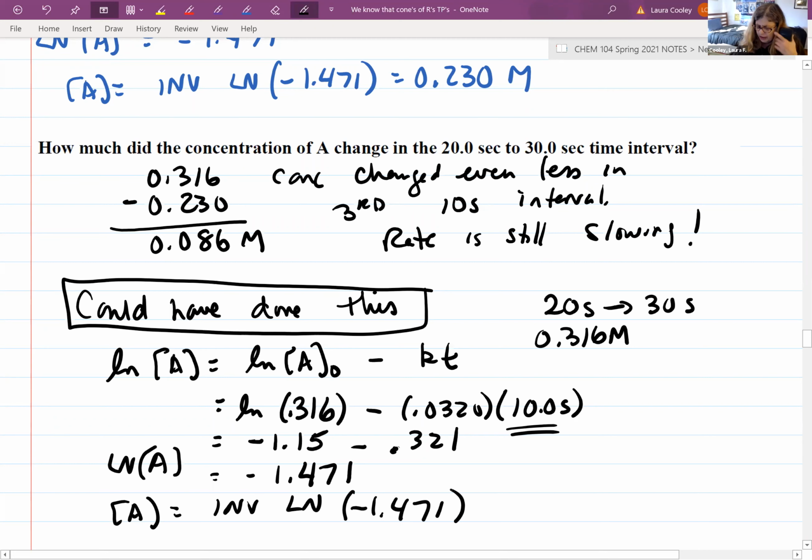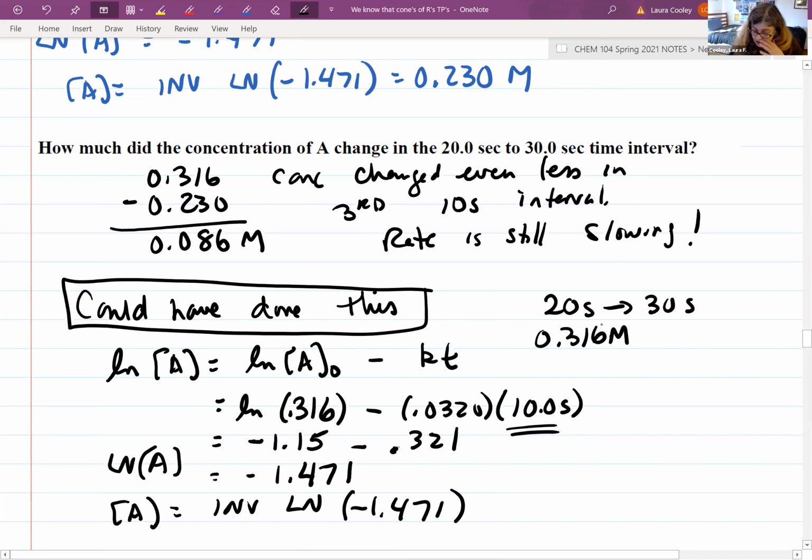So I just want to show you that with this equation, you could have that reaction going over time. And if you know the concentration at any time, you could put that in as the initial, and then use the difference between that and the next time. So in other words, you don't have to start with the initial. You could start with the concentration at any point and find the concentration a certain time interval later than that. So that's what I did here.